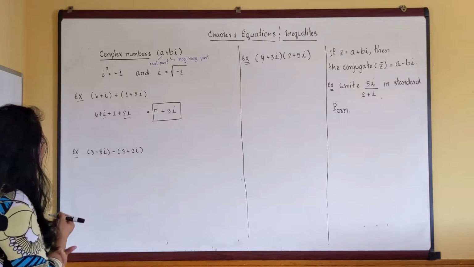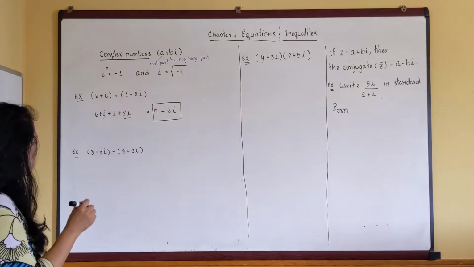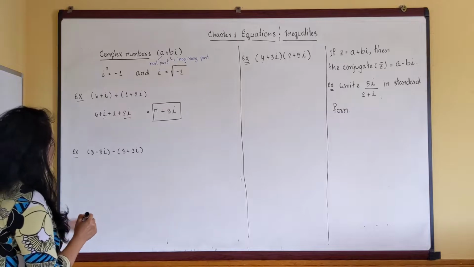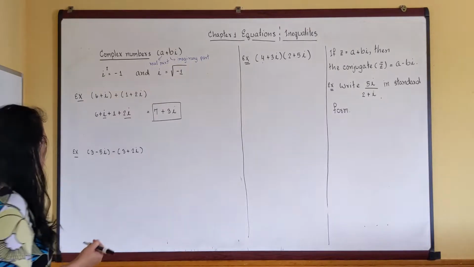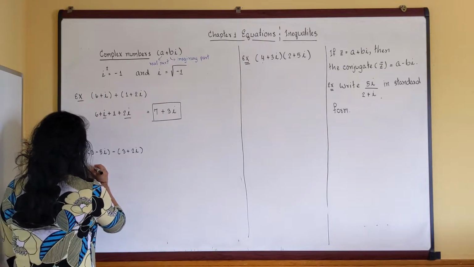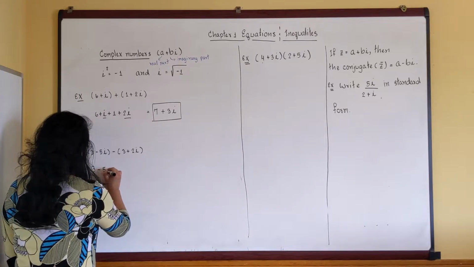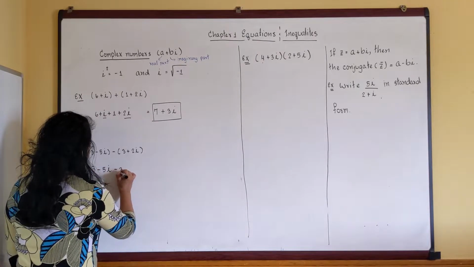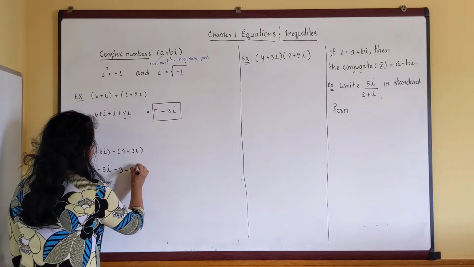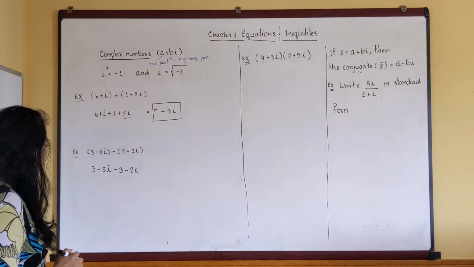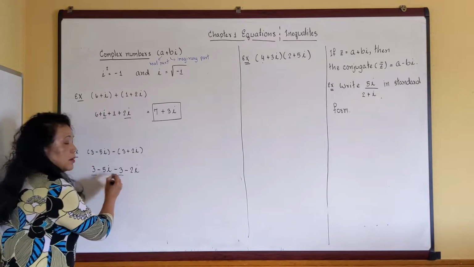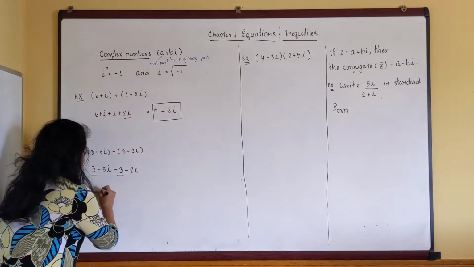Let's look at the next one. I have subtraction. So I'm going to do like I normally do. I'm going to distribute the minus in and then combine like terms. So I have 3 minus 5i minus 3 minus 2i. Now the real number is the 3 and the 3 is cancelled out. So the real part is just 0.